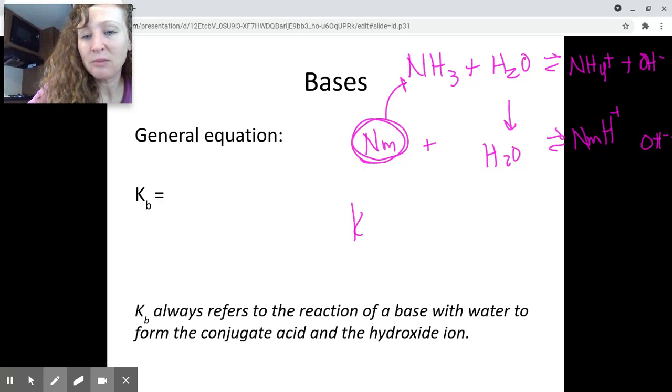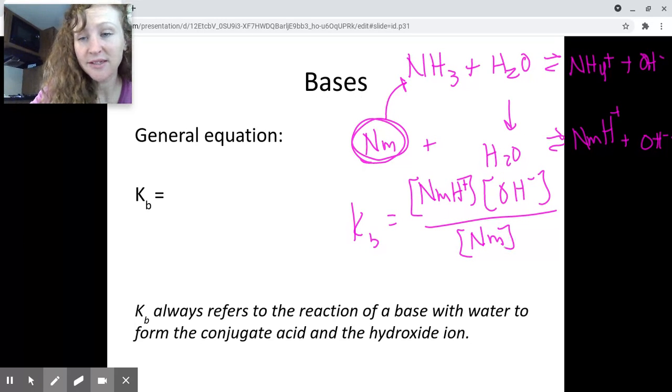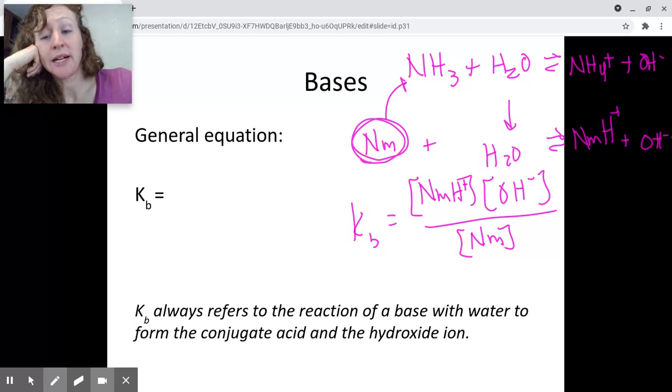Your KB in this case would be that nonmetal that has won the hydrogen, we'll say it's charged, with your hydroxide. And on the bottom, you're going to have just your nonmetal as long as it's aqueous, right? If it's a solid or a liquid, you don't include it. And then water automatically doesn't get included either because it's a liquid.